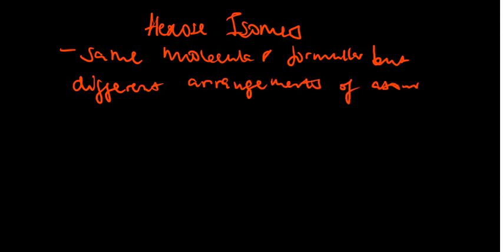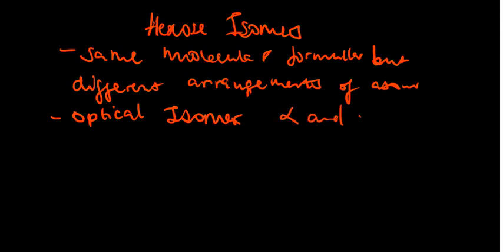So now we have different types of isomers. The first one that I'll talk about is optical isomers. Okay, I'm sure you remember that I said something about optical activity. So in these optical isomers, we have 2 types. It's either one is D and one is L. So we have L and D isomers.